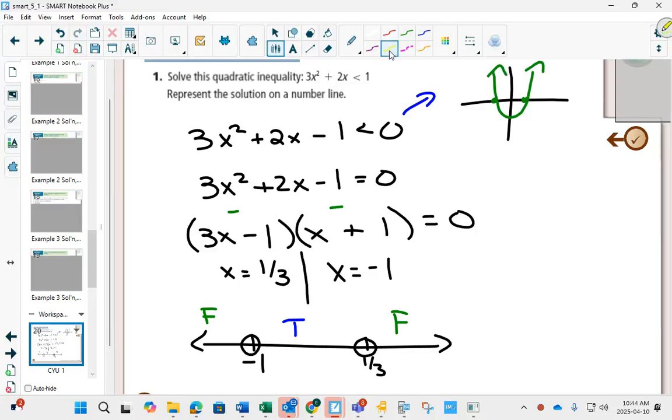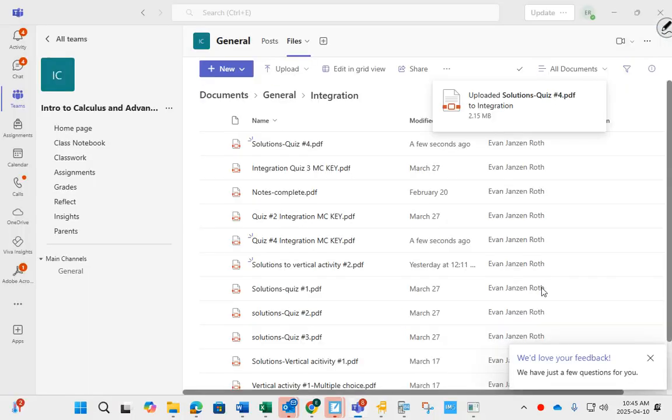Can you see that the only place that it's going to be less than 0 and true is in between? That's why that section is true. So your solution now, it is easier if you can graph it. You could get inequalities higher up level, which aren't parabolas. Right? So then the test points might be nice. Anyway, solution, you would write it in round brackets from -1 to 1/3.